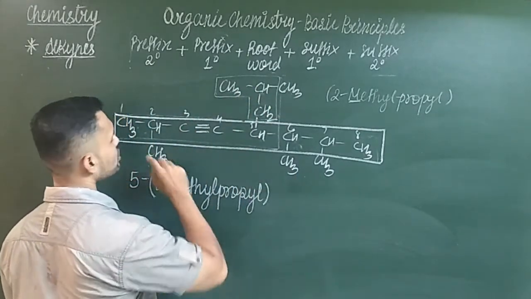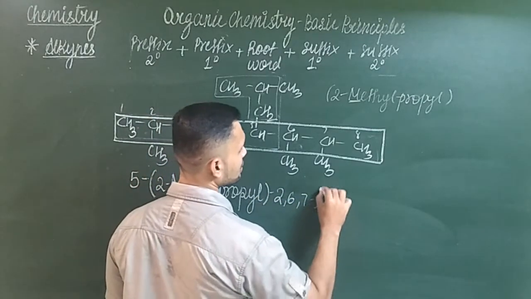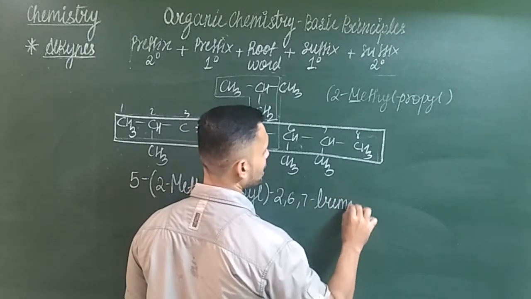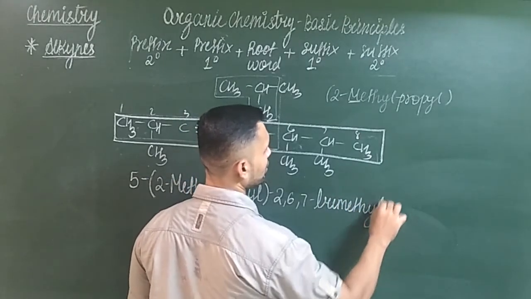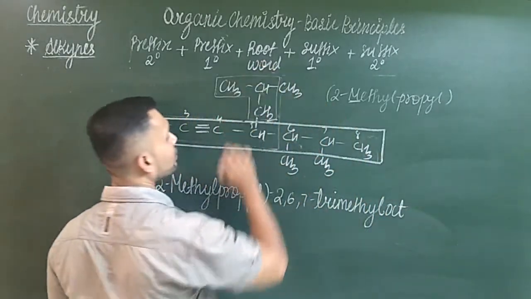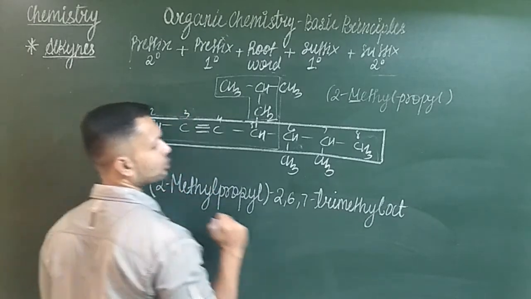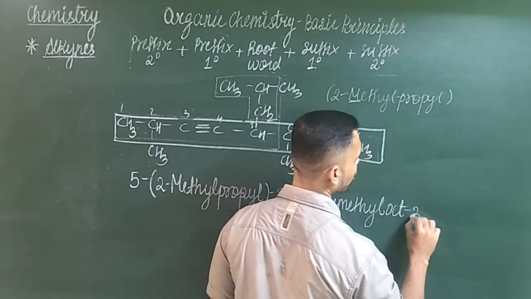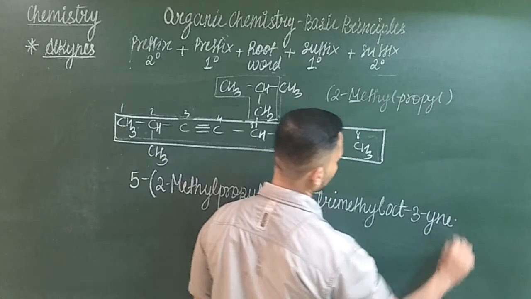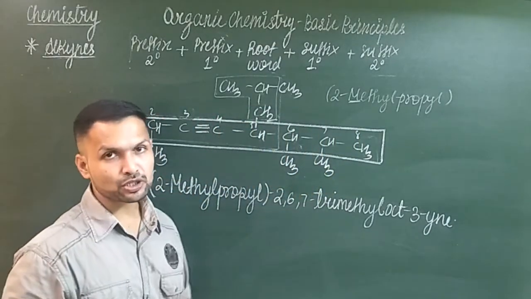Then it should be 2, 6, 7-trimethyl oct. Oct stands for the root word. And now we have to give this one between 3 and 4. So the lower locant is 3. It's oct-3-ine. So this is how we need to go with the complex substituents.